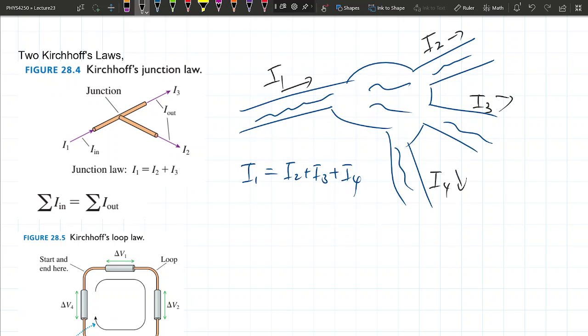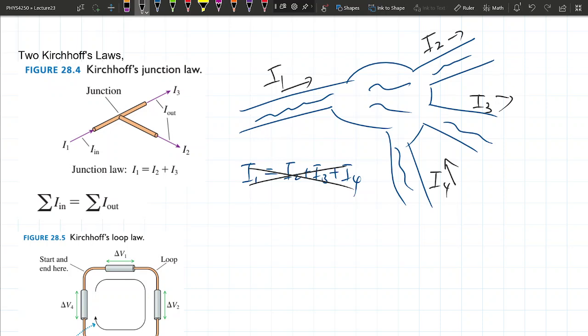But a lot of times, when you're dealing with a circuit, you actually don't know which way the current is flowing. Let's say initially I declare that the current is flowing in like this. That means this equation is no longer valid, because I1 and I4 are flowing in.